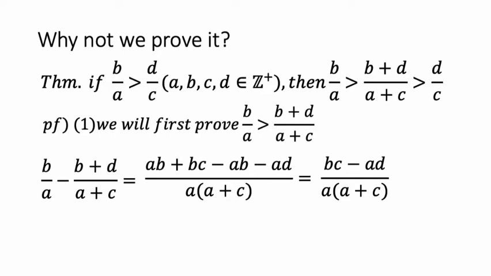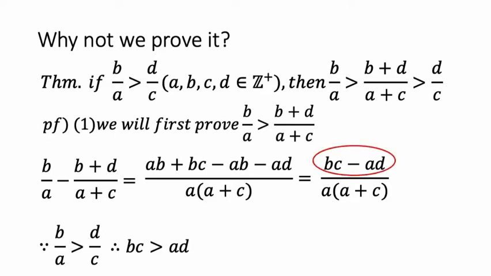The theorem tells you that if b over a is bigger than d over c, that means we get that bc is bigger than ad, which means bc minus ad is greater than 0. a times a plus c are also greater than 0 because they are both positive integers. What you'll get is that this equation will be greater than 0.